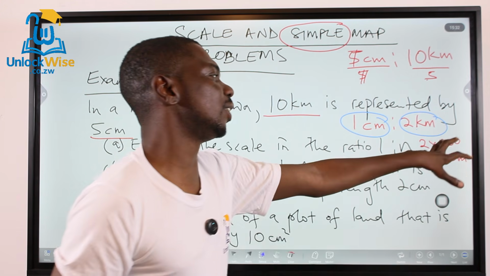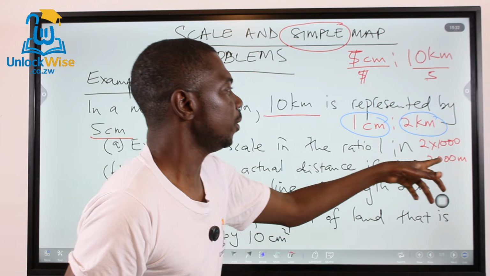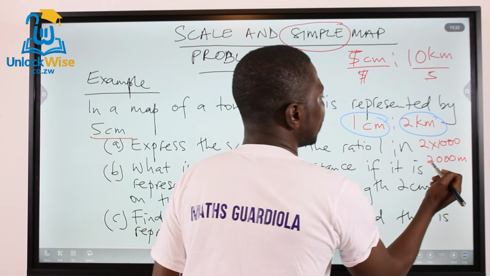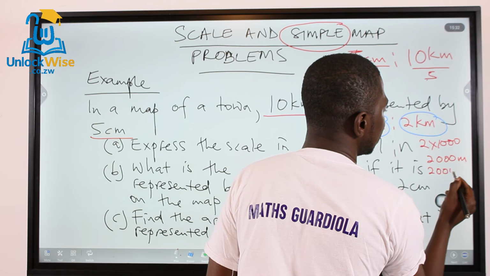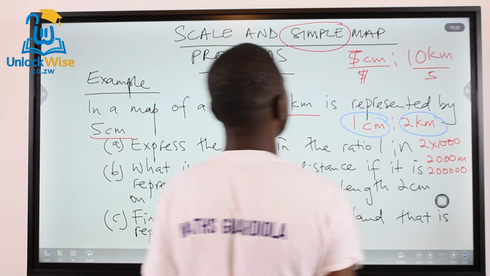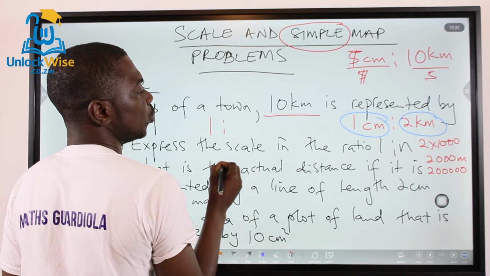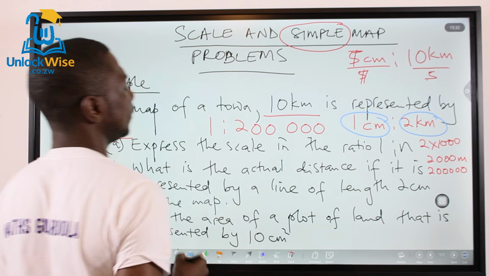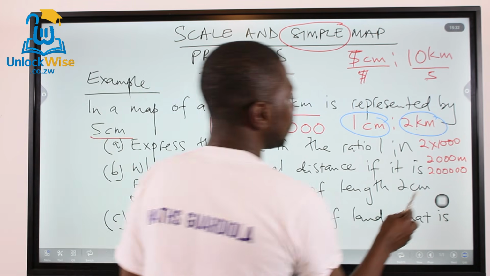And we want to change the 2000 meters to centimeters. So how many centimeters make a meter? It's 100. So we multiply this 2000 by 100. So we just add the number of zeros we have on 100, this is 1, 2. So we are going to have 1 is to 200,000.